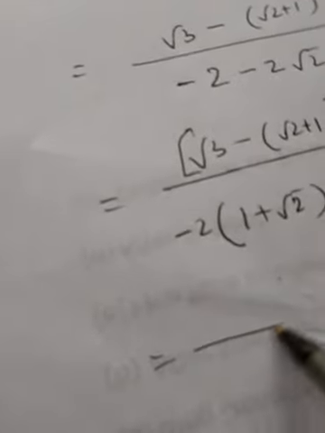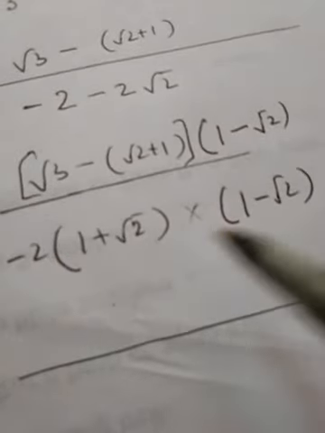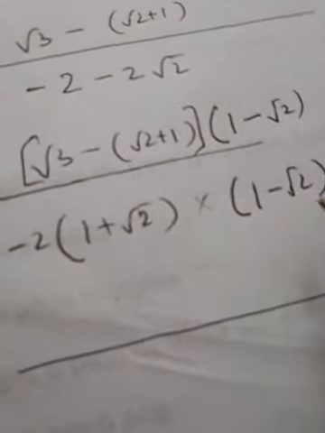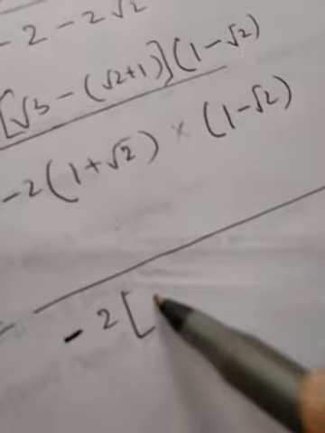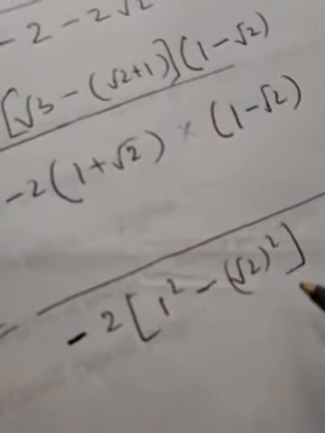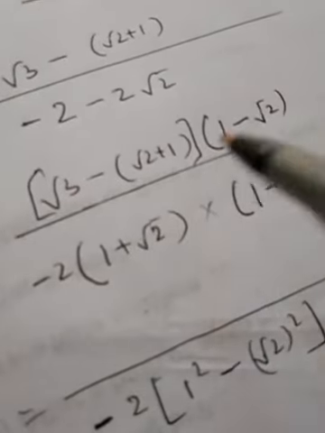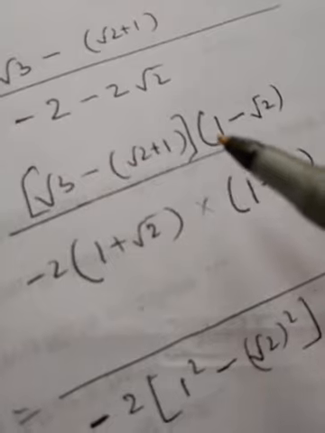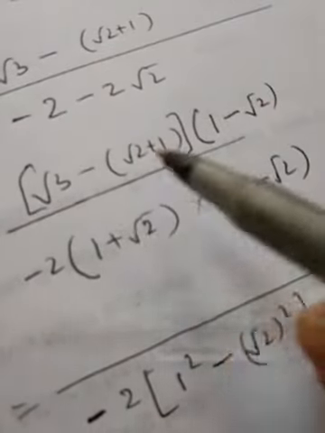Now below, leaving this minus 2, for the rest we will use the identity a plus b into a minus b, so it will become minus as it is, the rest will be 1 square minus root 2 square. And then here you can simplify by distribution. 1 you can distribute with both, and minus root 2 also you can distribute with both.